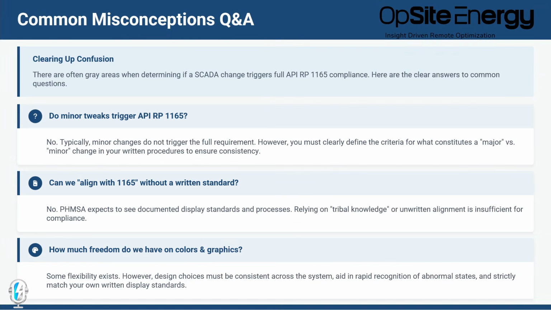So how much freedom do you have in terms of colors and graphics? This is probably one of the bigger challenges. Again, it's about what's going to help your controller, and everyone is going to do things a little differently, like we saw with that one screen. There was some color there, and it didn't look too bad.